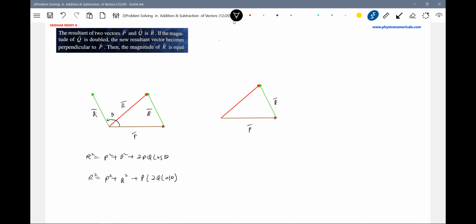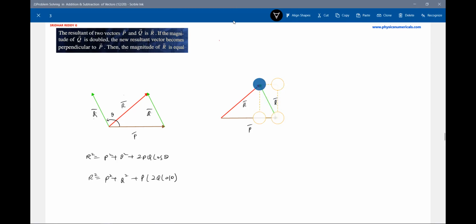This was Q bar. This was earlier R bar. If I increase the magnitude of Q bar, how much will I increase it so that R bar becomes perpendicular? I'll double it, that's all here.